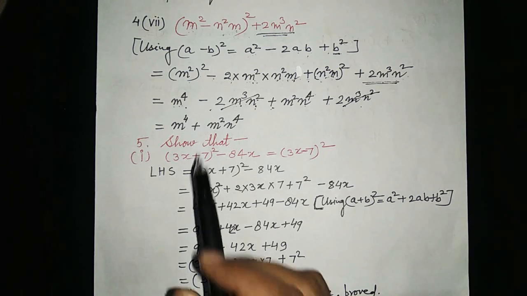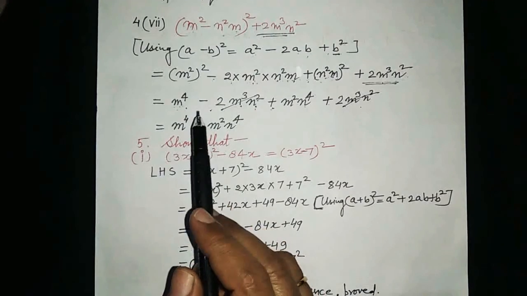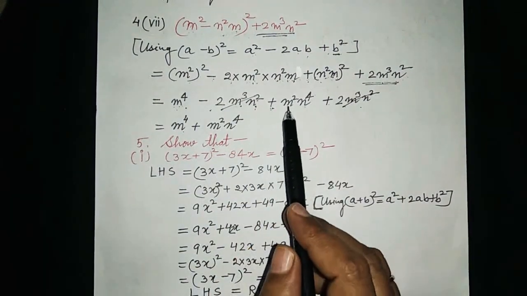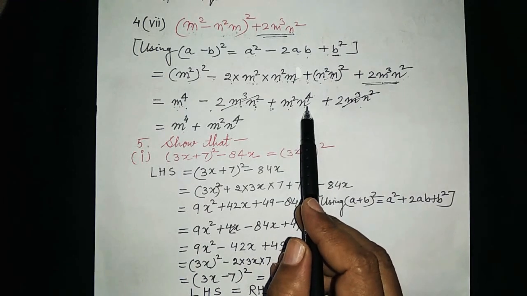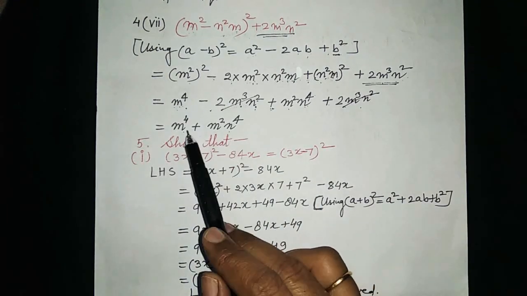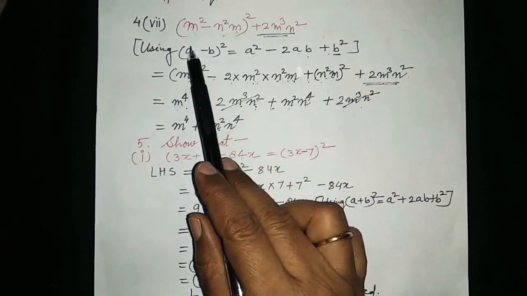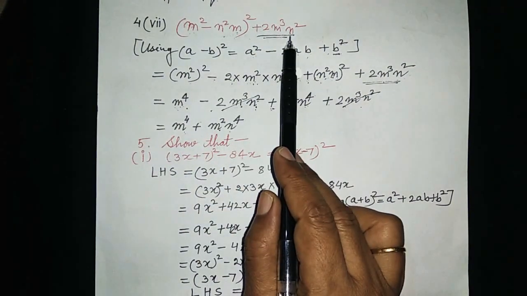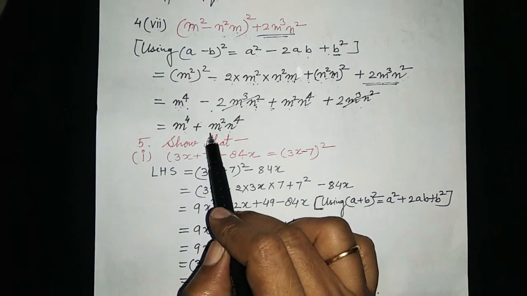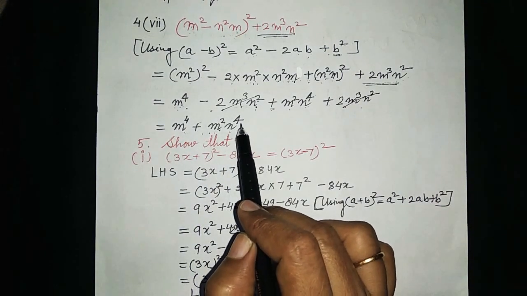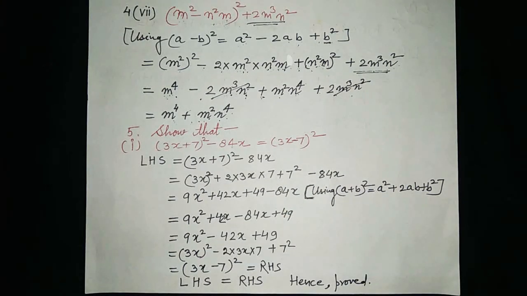Now the remaining terms are m to the power 4 plus m square n to the power 4. So after simplifying the given expression you will get m to the power 4 plus m square n to the power 4.